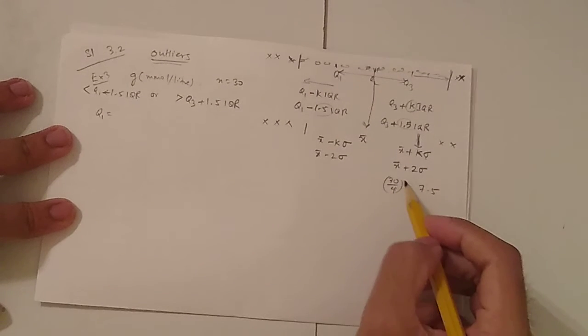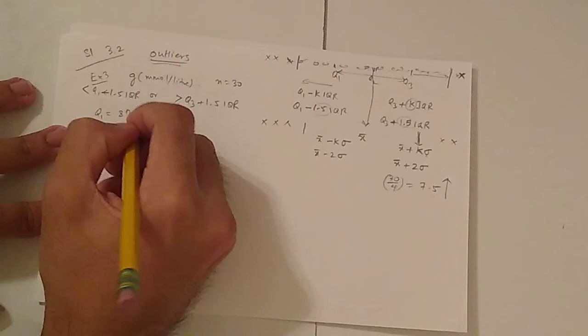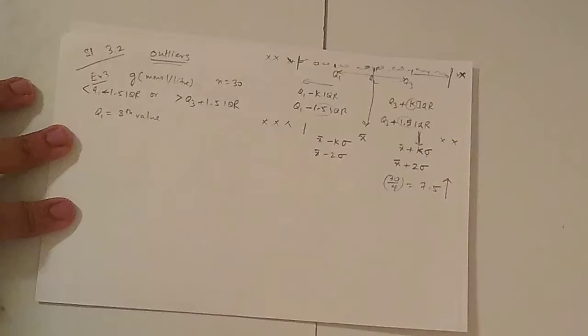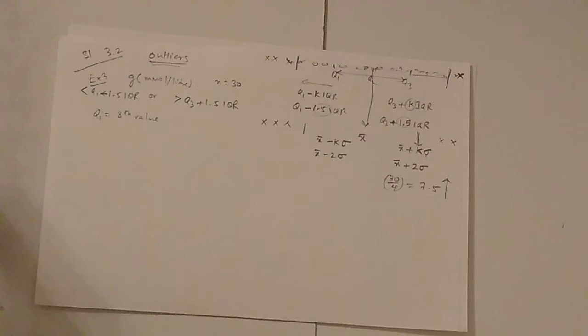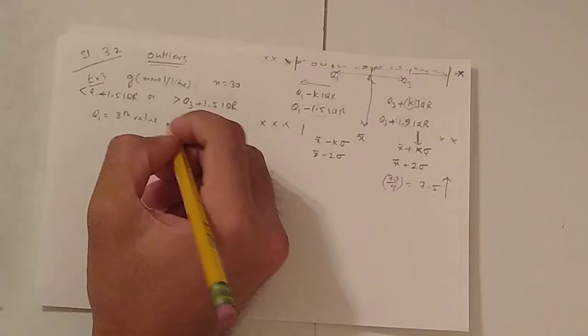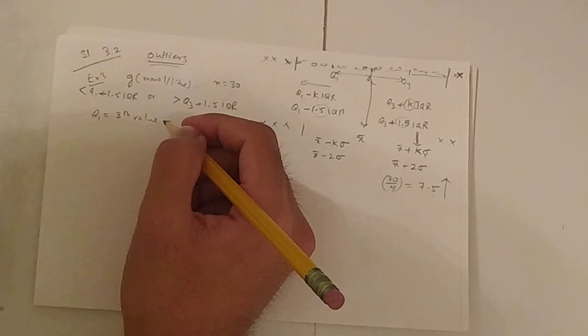Therefore, 30 by 4 is 7.5, so we round this up and get the 8th data value. The 8th data value is going to be your lower quartile. For the values, refer to page number 35, example 3.2.